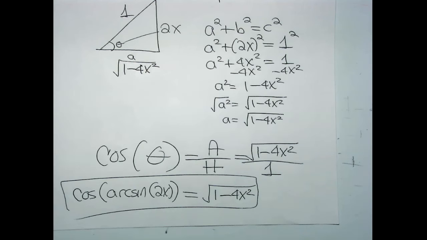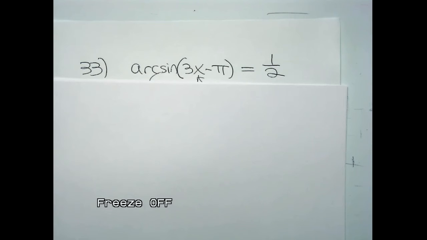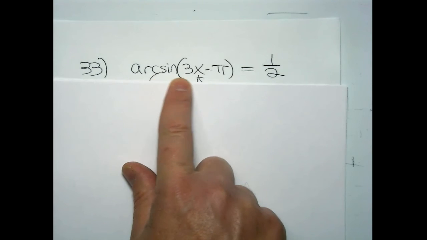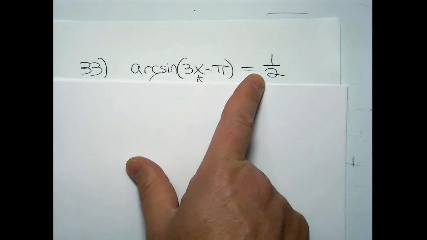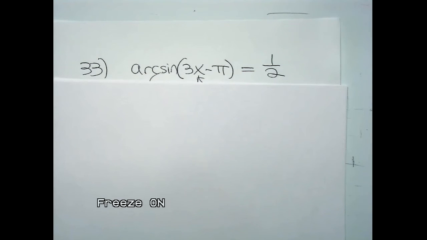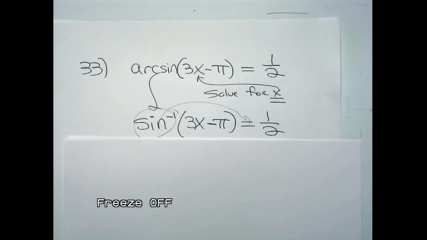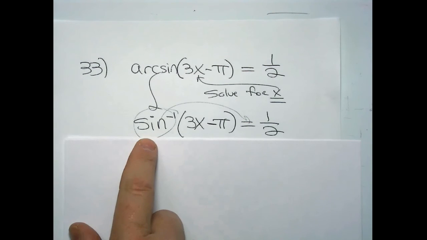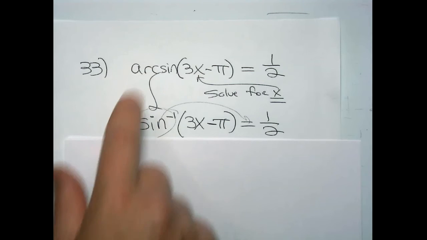Okay, one last problem. Again, not calculus necessarily, but it is solving an inverse trig equation. This is what we've got here: the arcsine of 3x minus pi is equal to a half. Now, I'm much more comfortable with sines than I am with arcsines. So we're going to change this arcsine to what it also can be called, the inverse sine.